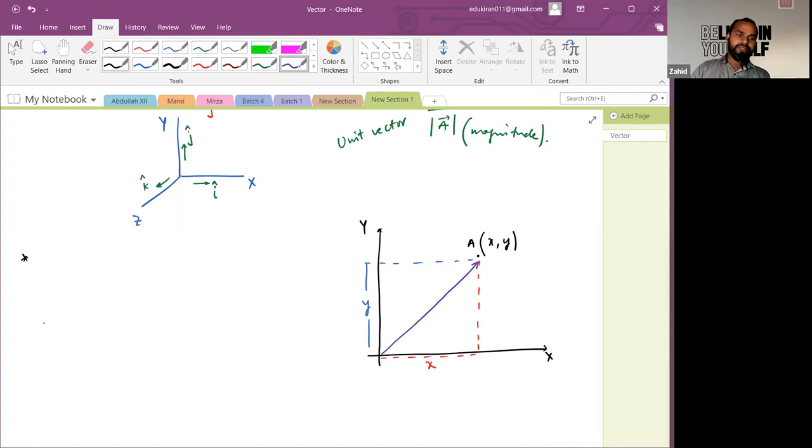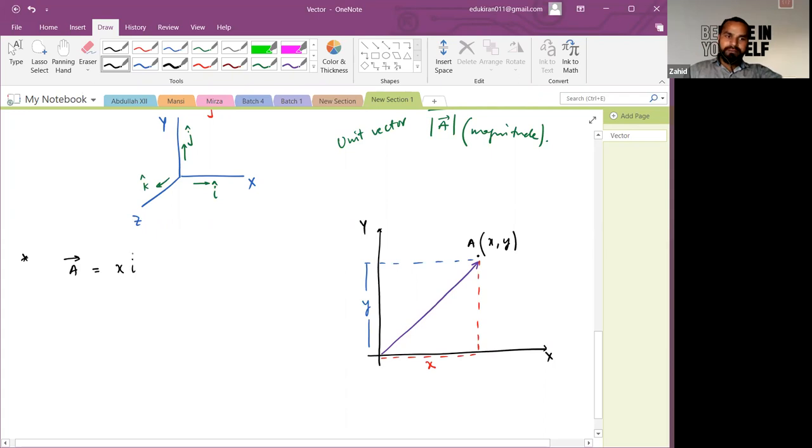From this, we conclude A in terms of vector can be written as a vector having two parts, one magnitude and the other direction. This particular A has magnitude x along the x-axis. Now, how will you define that this magnitude is along the x-axis?